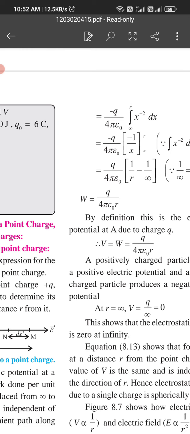The integration of x raised to minus 2 is minus 1 upon x, from infinity to R. So Q upon 4 pi epsilon naught into 1 upon R minus 1 upon infinity, W is equal to Q upon 4 pi epsilon naught R.